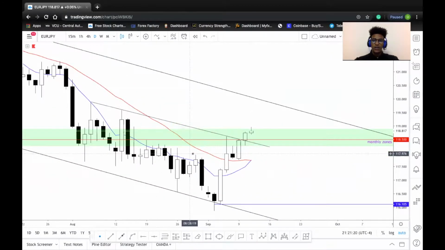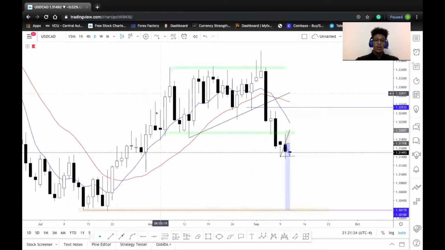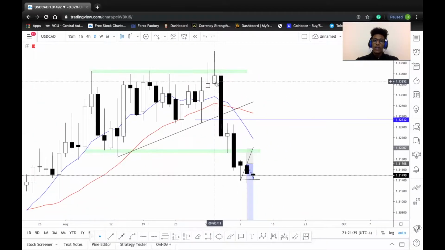Moving on, USDCAD, looking for some selling positions, you guys. We were accumulating in this support and resistance zone for quite a while. We had a false breakout, which enticed sellers, breakout traders, and a lot of traders to get into this market. Right after that, we had a strong bearish Marubozu, which snapped down.